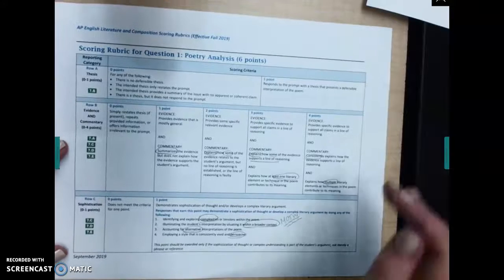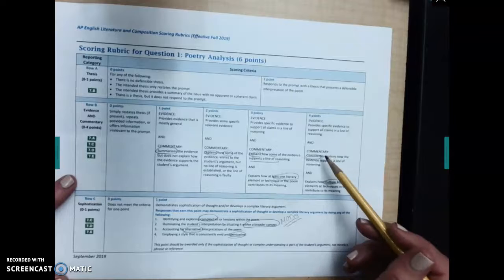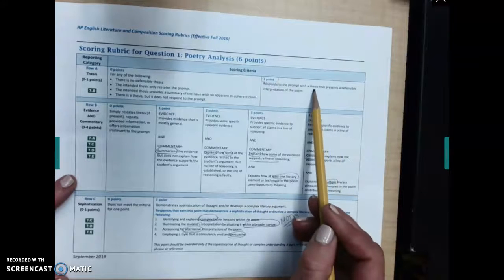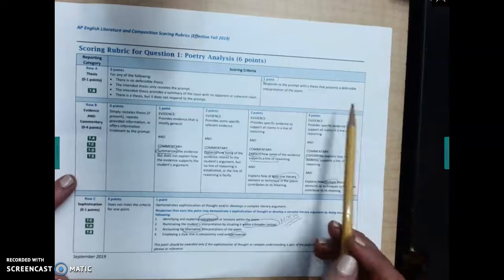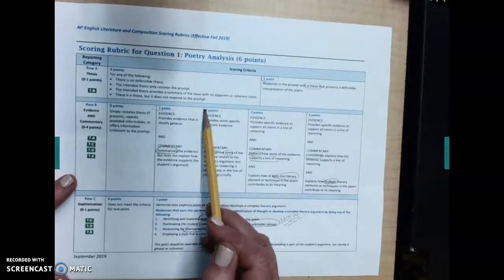Okay, the next thing that I'd like you to do before you do your work on Sonnet 12 is I'd like you to take a look at this scoring rubric, and I want you to pay attention to how you earn your points with a thesis. Please take a few minutes.